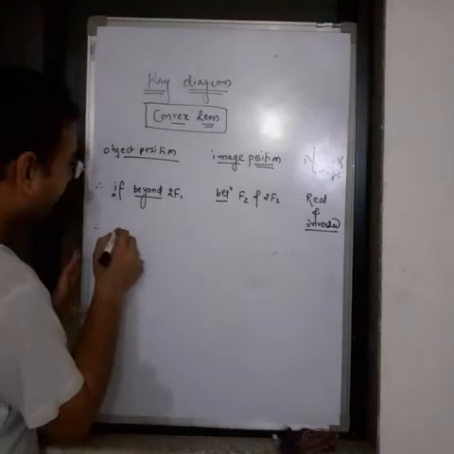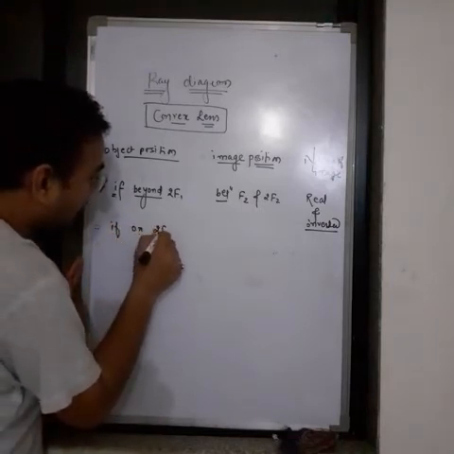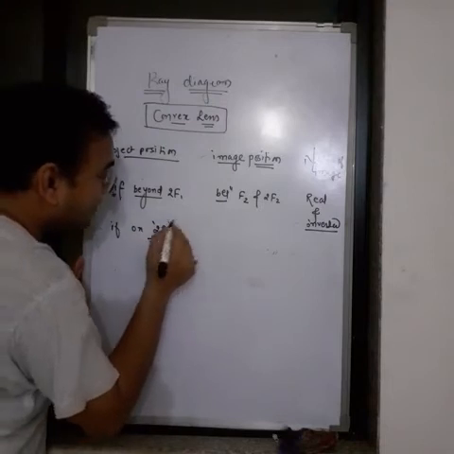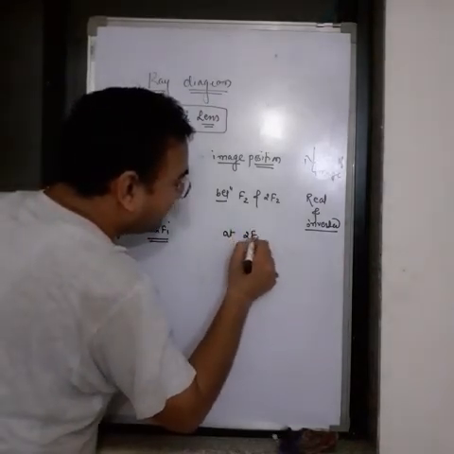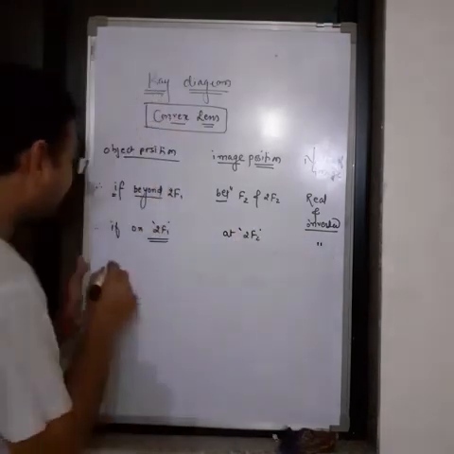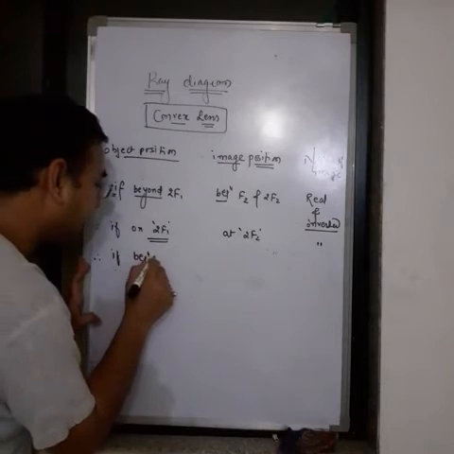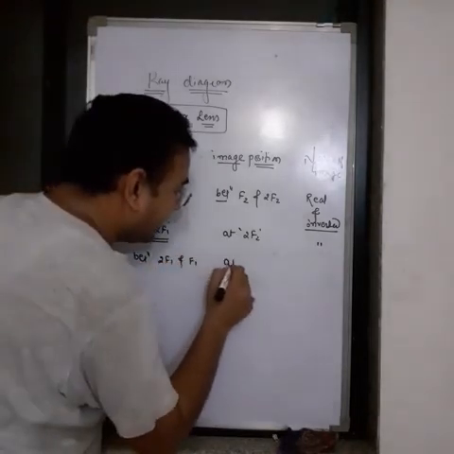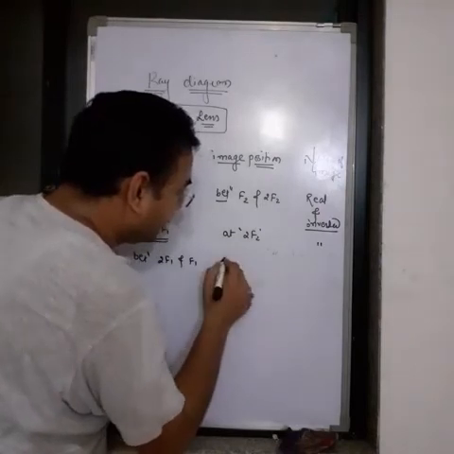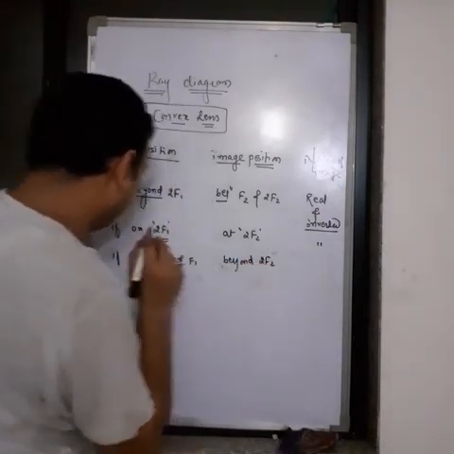Again we are moving. If the object is on 2F1, then the image is at 2F2, again real and inverted. If the object is between 2F1 and F1, then the image is beyond 2F2.